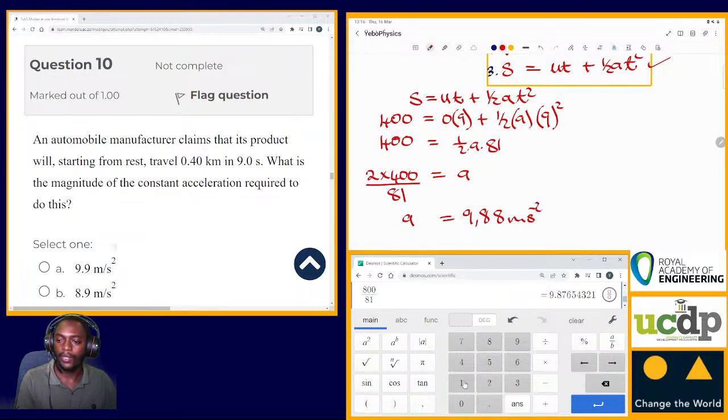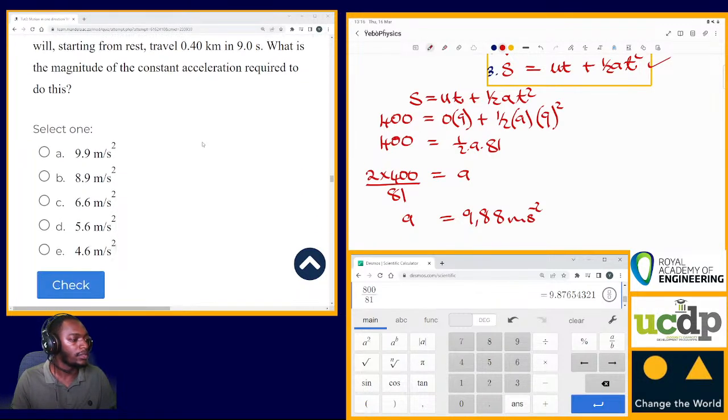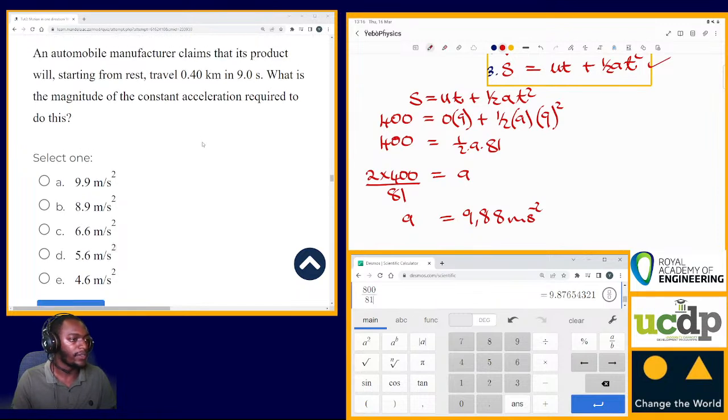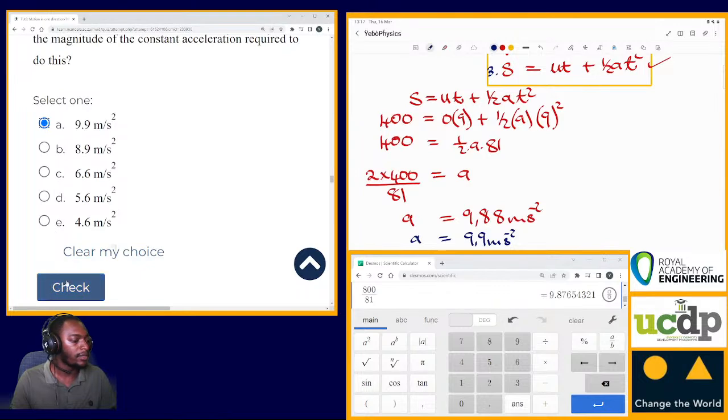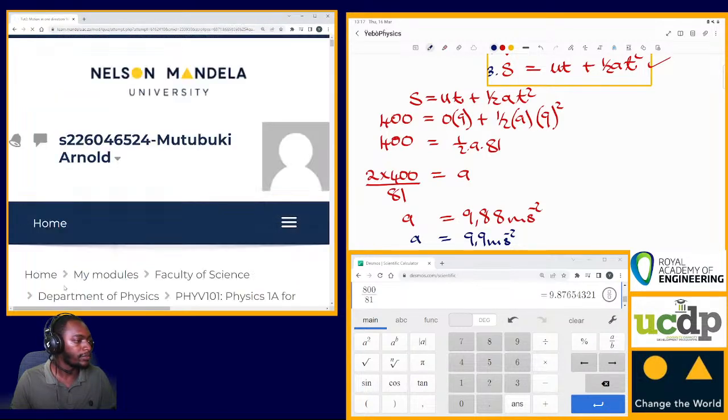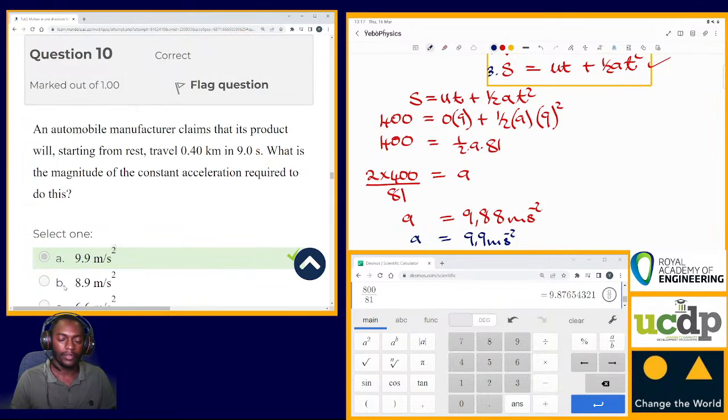Let's see what we have on the options. It has been given to two significant figures, so that should be 9.9 meters per second squared. We can check and see if our answer is correct. So that is indeed the expected answer.